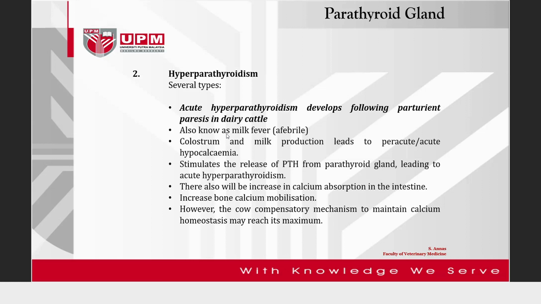So the production of colostrum and milk, especially in dairy cattle, the high producer dairy cows, leads to peracute or acute hypocalcemia. So this leads to a response by which the PTH is released, and then it leads to acute hyperparathyroidism.